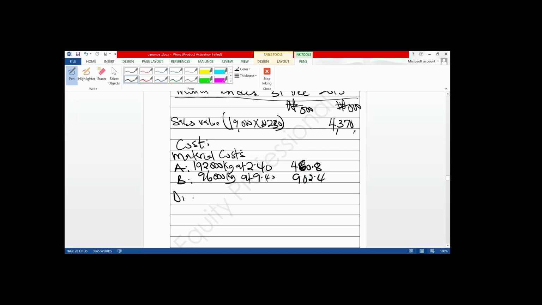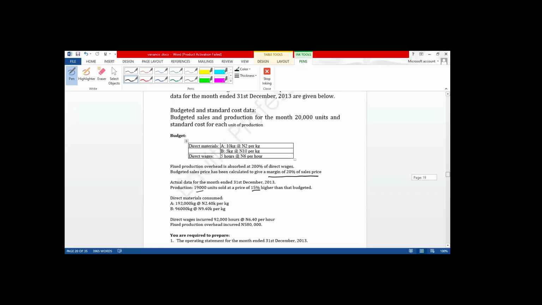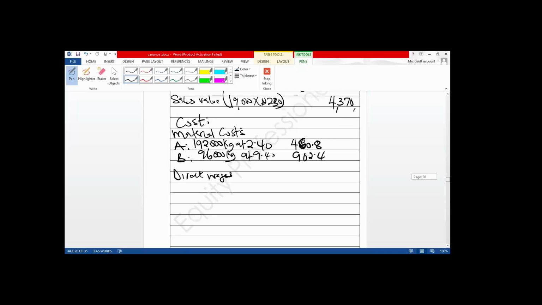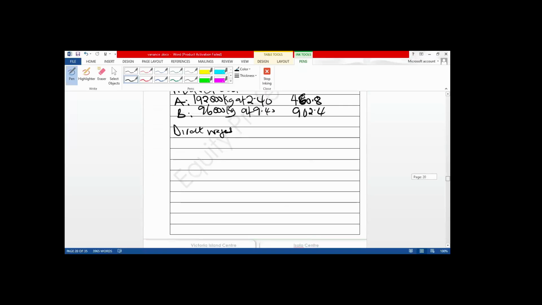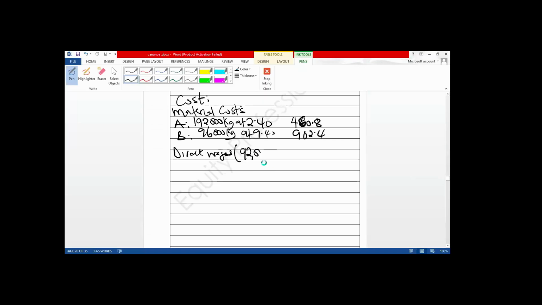Move to your direct wages, actual. 92,000 hours at a rate of 6.40 gives 588.8.